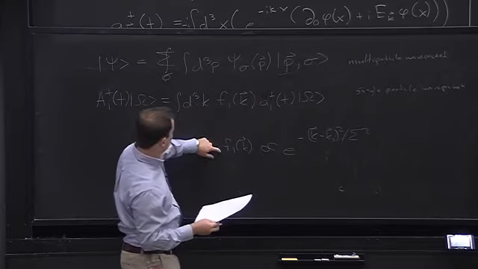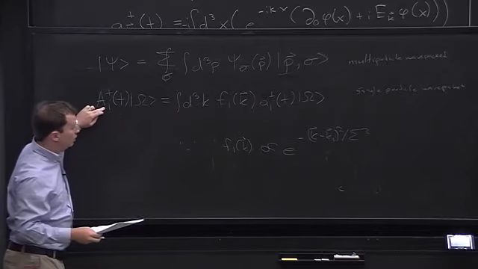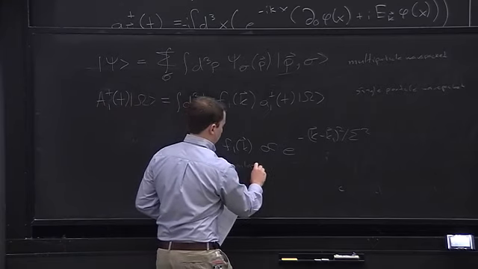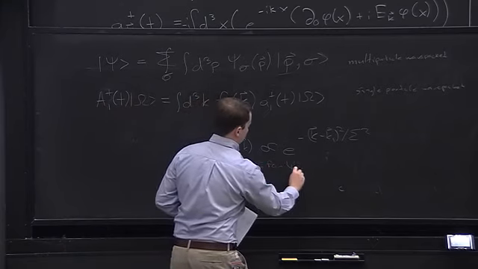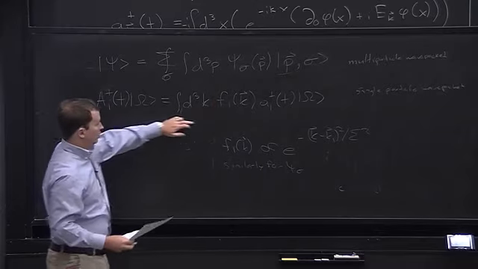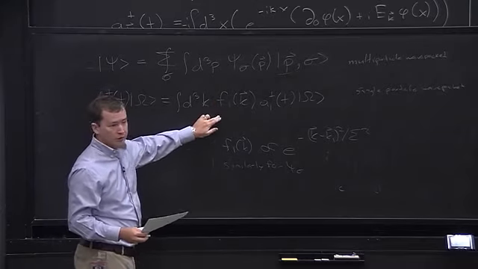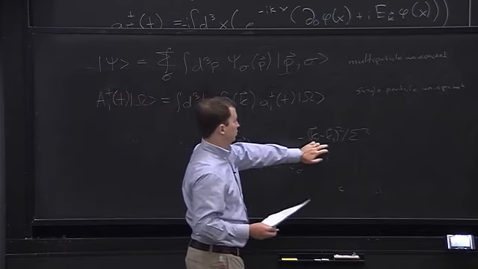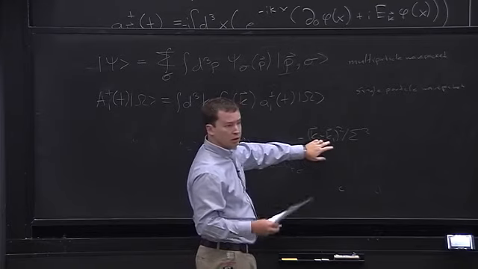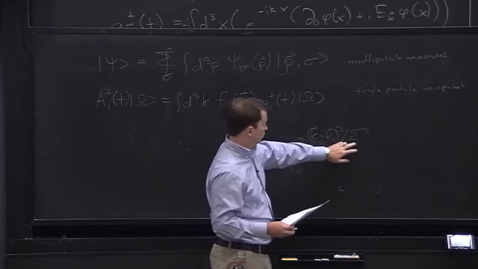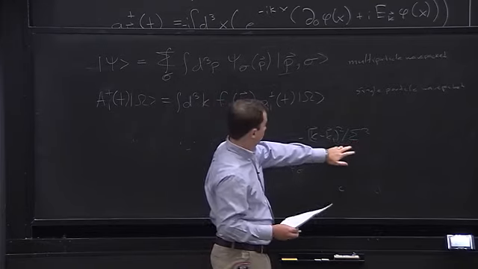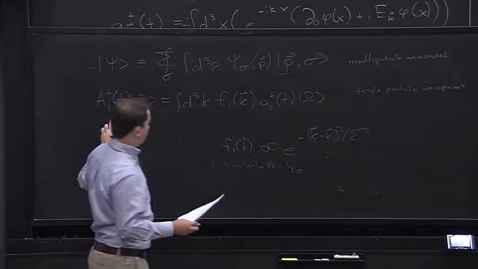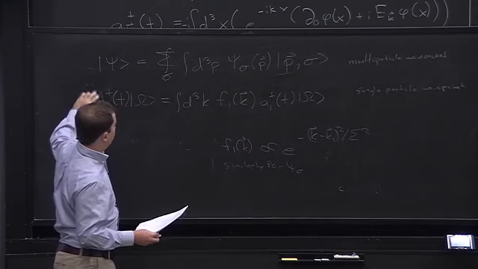Similarly for sigma, this would describe a particle that's localized both in position and momentum space, and in momentum space, it's localized near k1. There's some width, and so we construct wave packets.